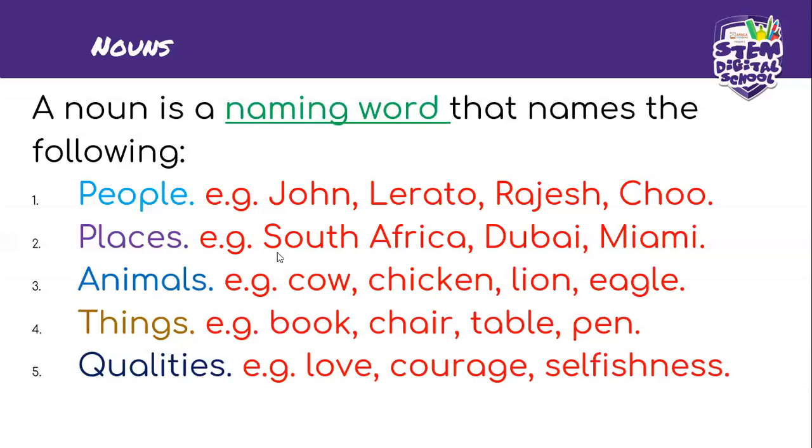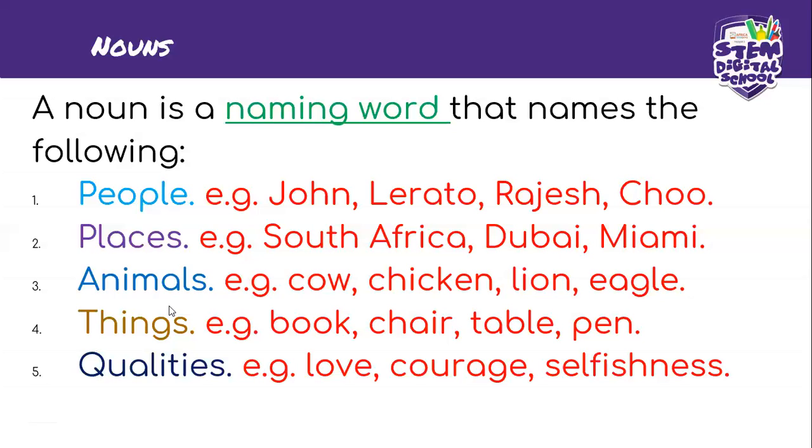Here are some examples: South Africa, Dubai, Miami. All those are the names of places. Remember, South Africa is a country. Dubai, I think, is a city, isn't it? Yes. And then Miami is a city in a state in the United States of America.